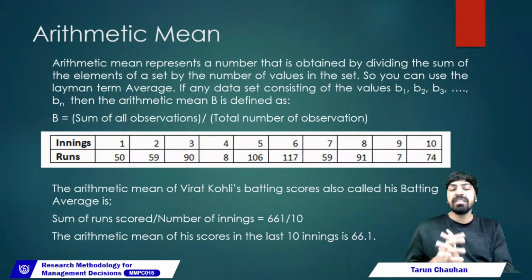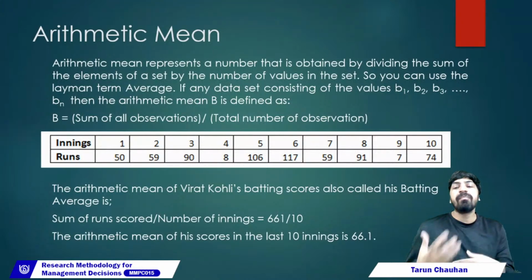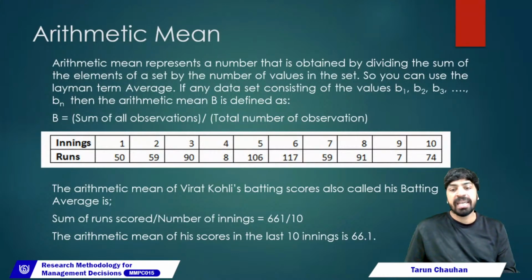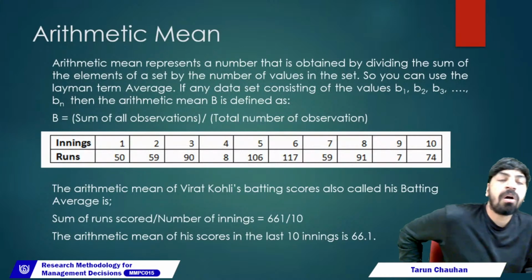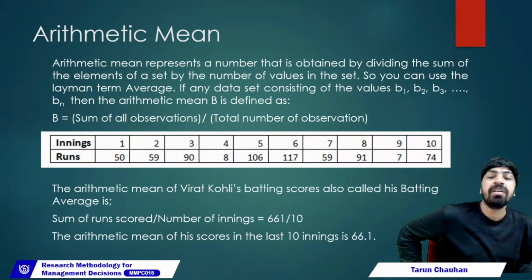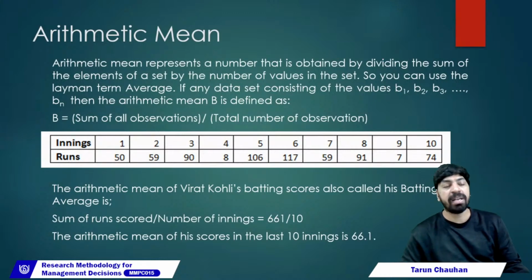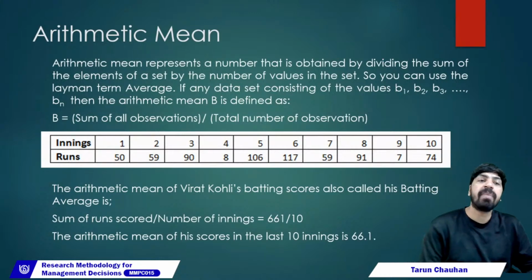Once you add up these values and divide by the number of observations, which is 10, you will get the arithmetic mean of the overall scores of the innings, that is 66.1, and that's called the arithmetic mean.